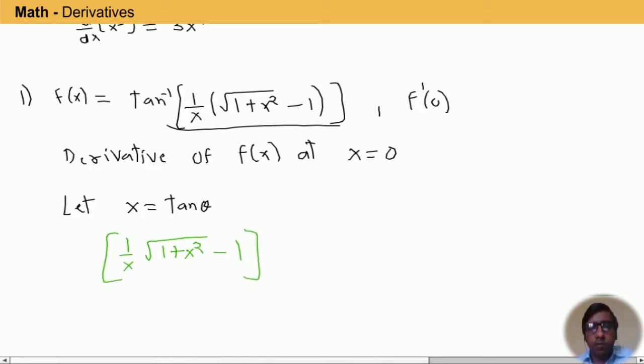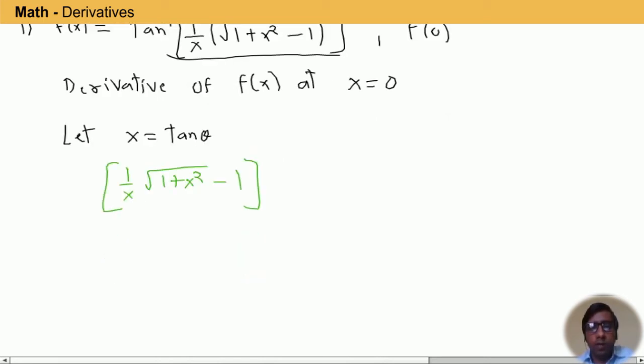Since x equal to tan theta, 1 over tan theta, square root of 1 plus tan square theta minus 1. We know that 1 plus tan square theta is sec square theta, but square root of that will give only sec theta.